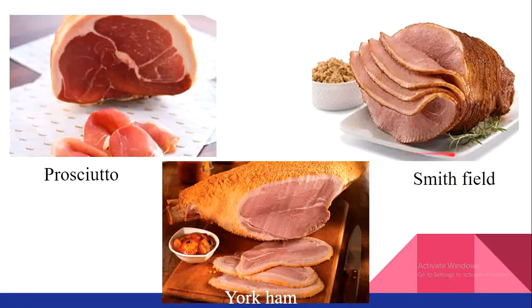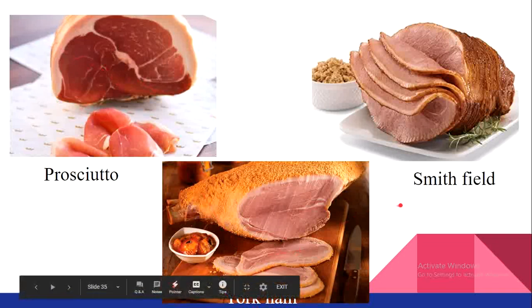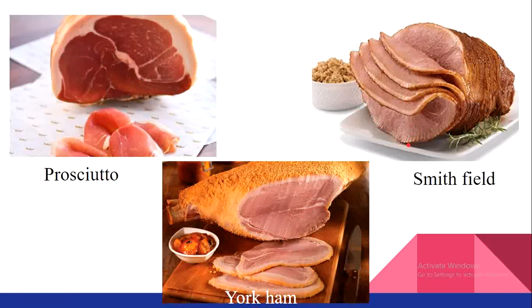And you can see the Smithfield ham also. The Smithfield ham's outer surface almost has a glaze. So by this identification, we can easily identify these three types of ham. So remember Parma prosciutto from Italy, York ham, and Smithfield ham. Any questions?